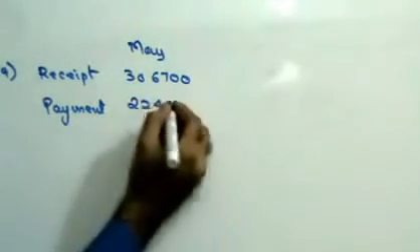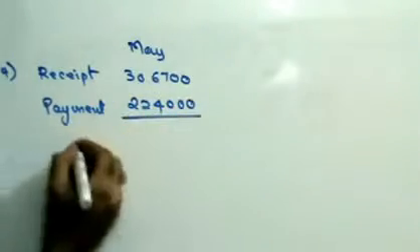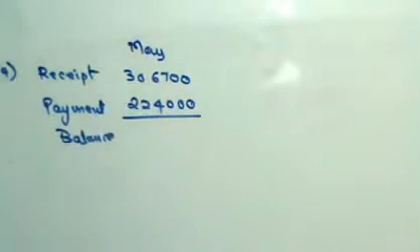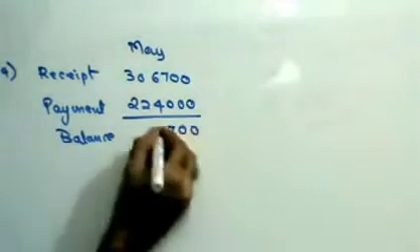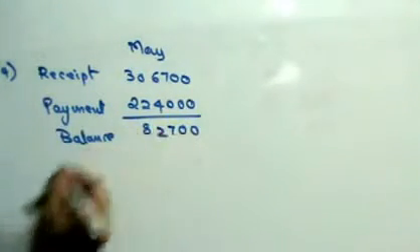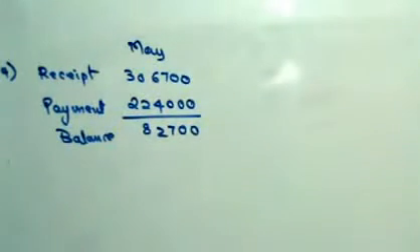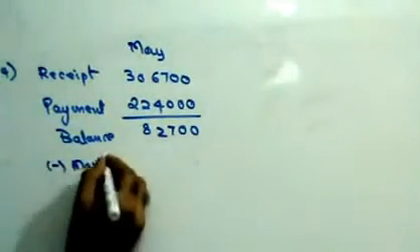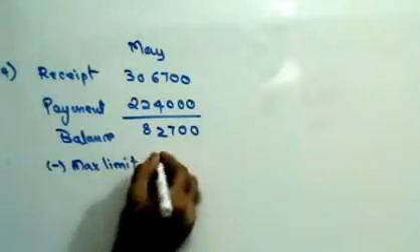So in that case, how much should the balance be? Someone please subtract this. 82,700. But they have said that you cannot have a balance that exceeds 50,000, right? The maximum limit of balance is 50,000.